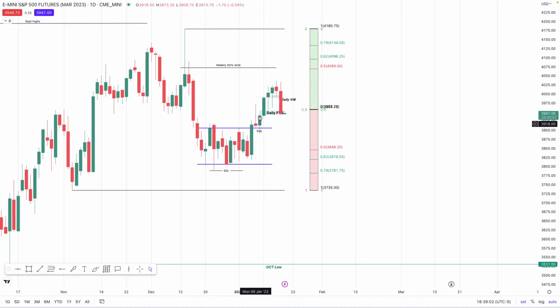We had this consolidation here, we broke up out of it, we rejected this order block, and we're coming back down here. Again, it's possible we get into this order block right here, so that's something I can mark on this daily chart. And we'll see how price reacts from this area right here.